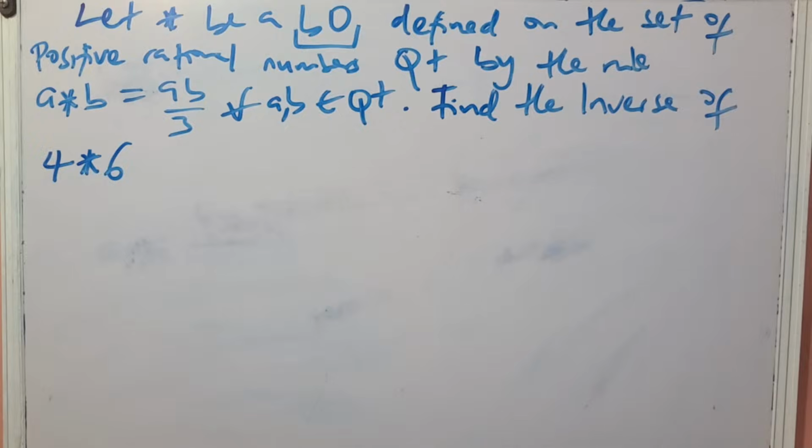Okay, all right. We have gotten enough responses. Let's do it together, and let's see how we go from there. Now, pay attention. The question said find the inverse of 4 star 6.